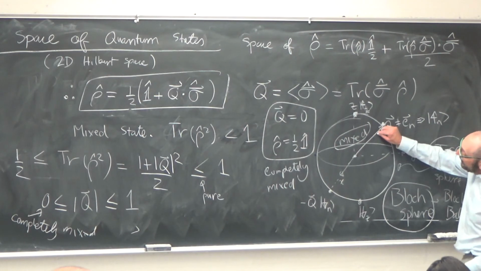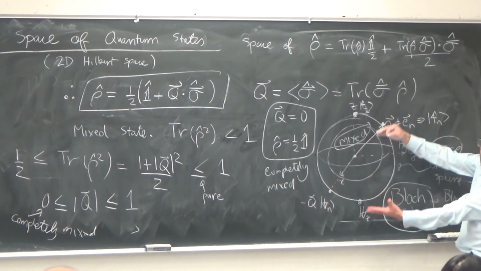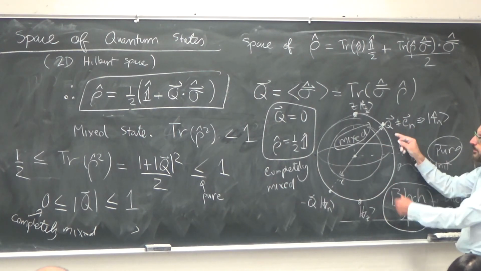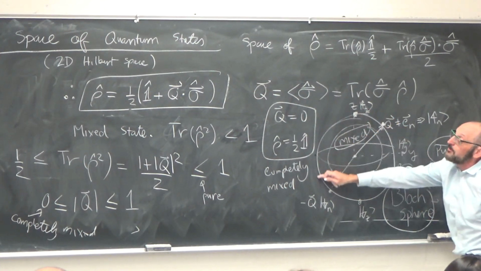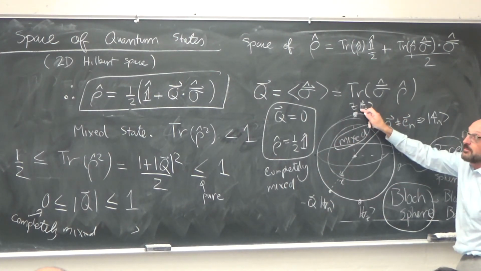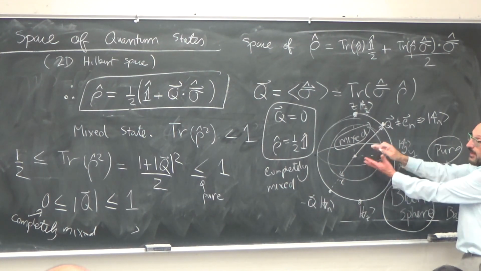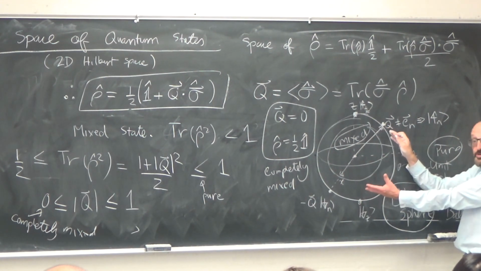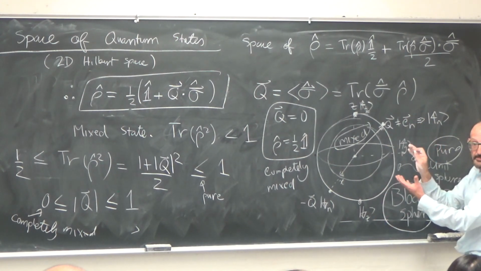The states that are partially mixed are interior to the sphere, but not quite with the same magnitude. And on the Poincare sphere, we would say these are the fully polarized states of light. The middle of the sphere is completely unpolarized light, and in between is partially polarized. It's all the same thing.